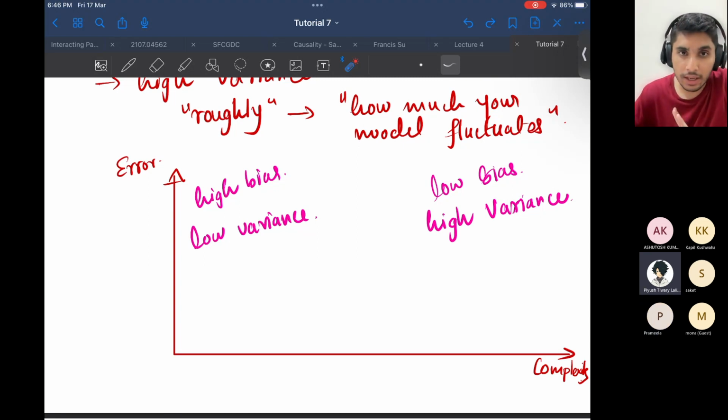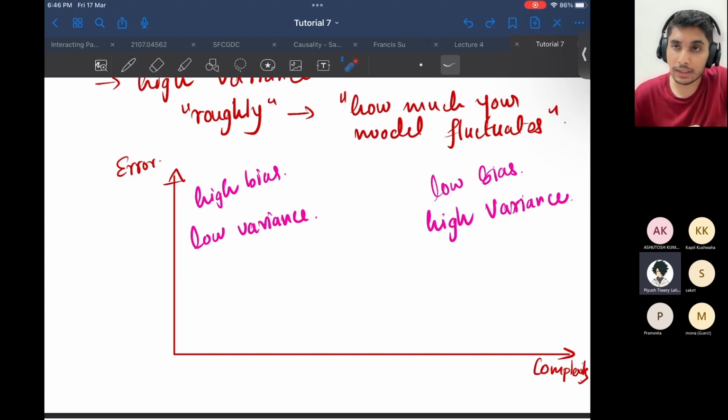It is just that in this particular graph that I have made, it turns out that these two regions correspond to the same thing. This is just for explanation, but you are exactly correct that low bias doesn't imply high variance, and high bias doesn't imply low variance.